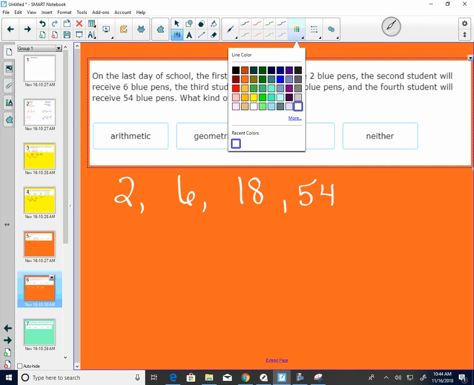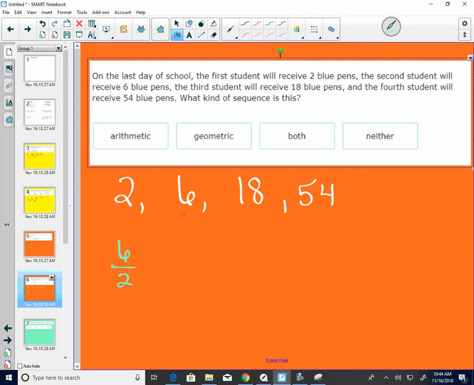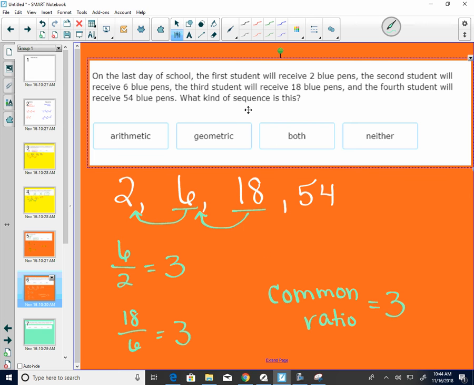So if we look at this one, if I do 6 divided by 2, that is equal to 3. If I do 18 divided by 6, that is equal to 3. So it means I have a common ratio of 3. So since I have a common ratio, my answer is that this is a geometric sequence.